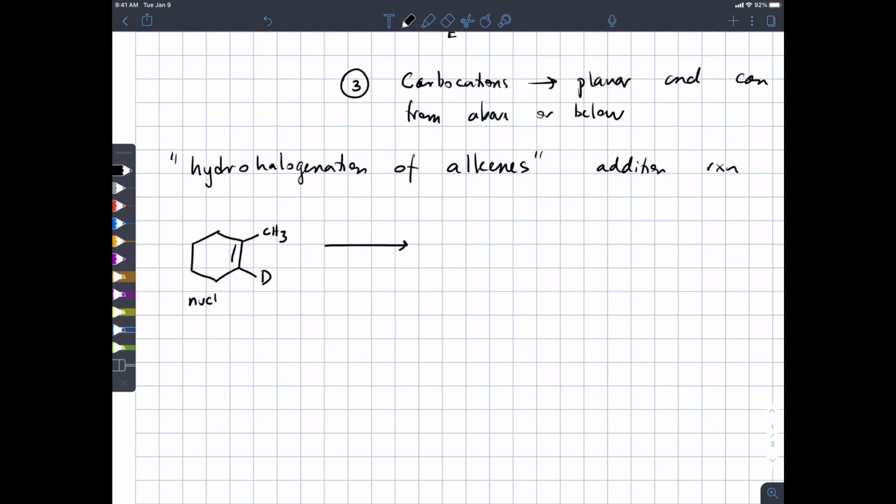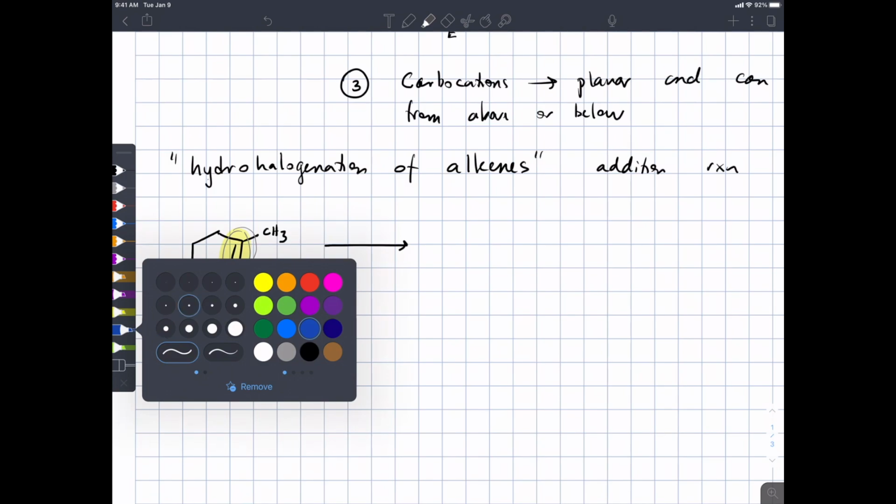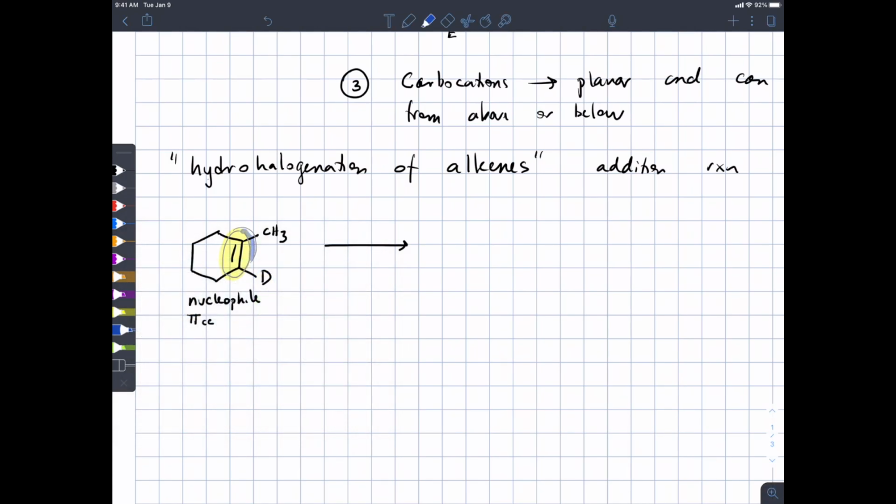The olefin is going to be our nucleophile, and therefore the HOMO is going to be the carbon-carbon pi orbital, which is both above the plane of the page and below the page. If we were to draw that here, it would look something like this, where the different color represents different wave function sign on either face.